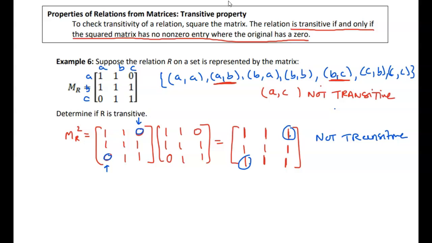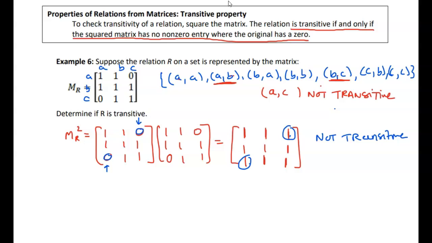The original matrix tells you that A goes to A, A goes to B, B goes to A. When you square the matrix, it's telling you that A goes to A and A goes to B, so A goes to B. So it's basically doing the chain rule on all possible combinations of elements in the matrix.